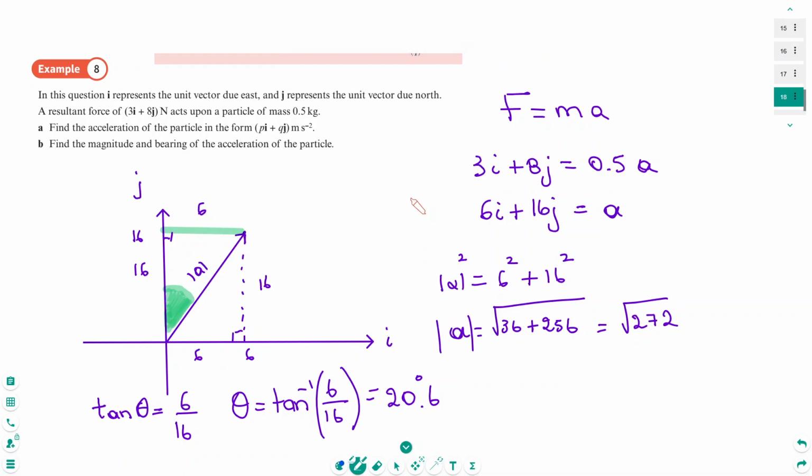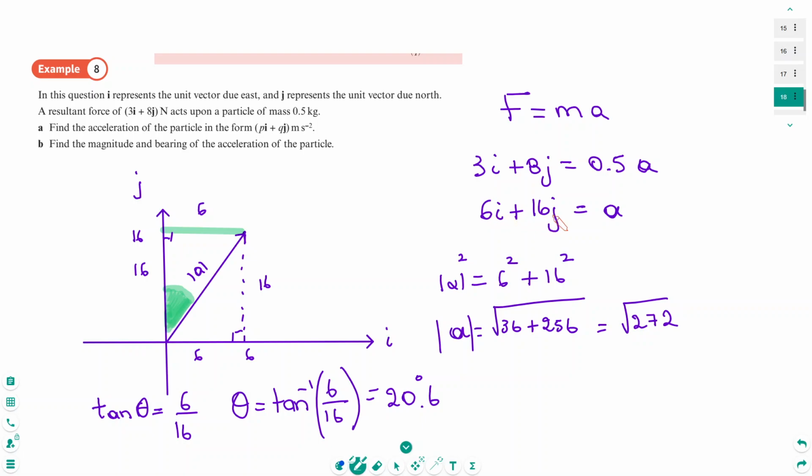Since the object is moving, we start with the equation F equals ma. The resultant force is 3i plus 8j. We make it equal to 0.5 times a. Therefore, dividing both sides by 0.5, we have the acceleration vector as 6i plus 16j.